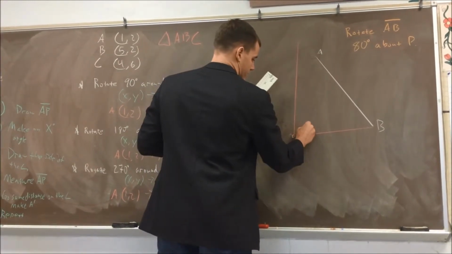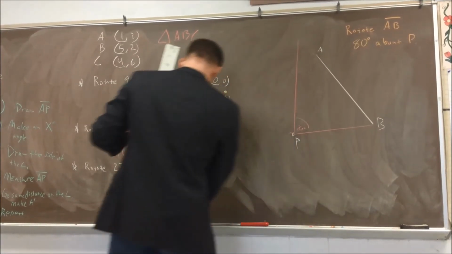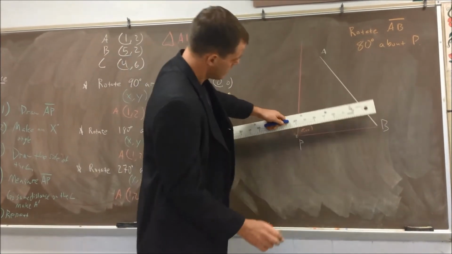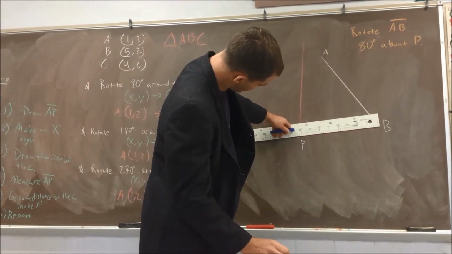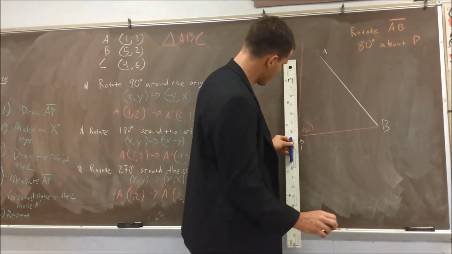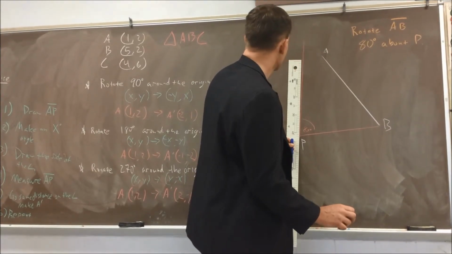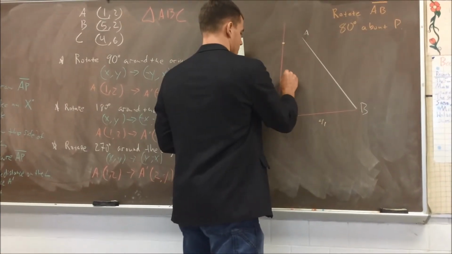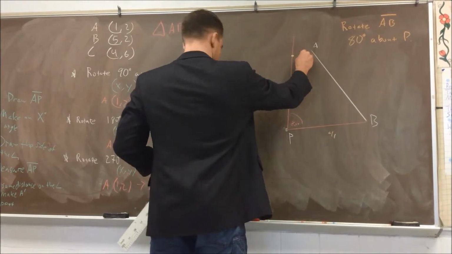That's 80 degrees. Now to figure out where I'm going to put my point, I'm going to measure this. Mine looks like about 41. So I'm going to come up here and go 41 up. Right there. And that's my B prime.